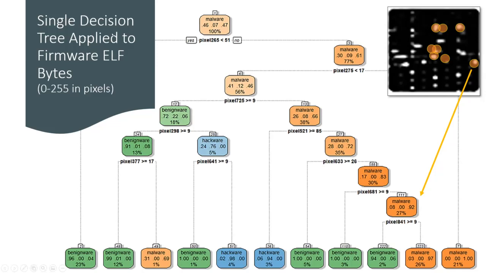And so we basically build a single decision tree, and that's what it looks like. And we're making decisions based on pixel values. So if you recall, pixels can map from low to high, 0 to 255 on a grayscale. And this says, if this pixel 265, which could be here, is very dark, then we'll go down this branch, and eventually it will become benign where that pixel is low.